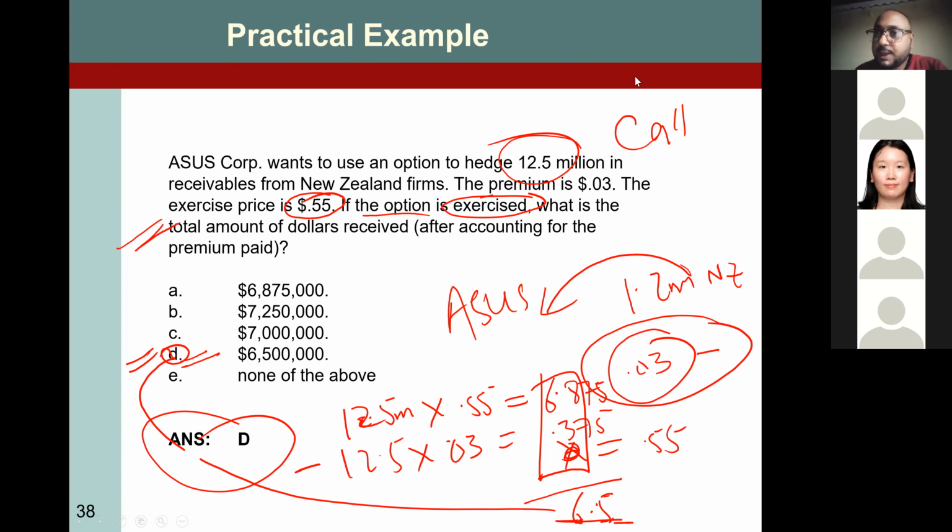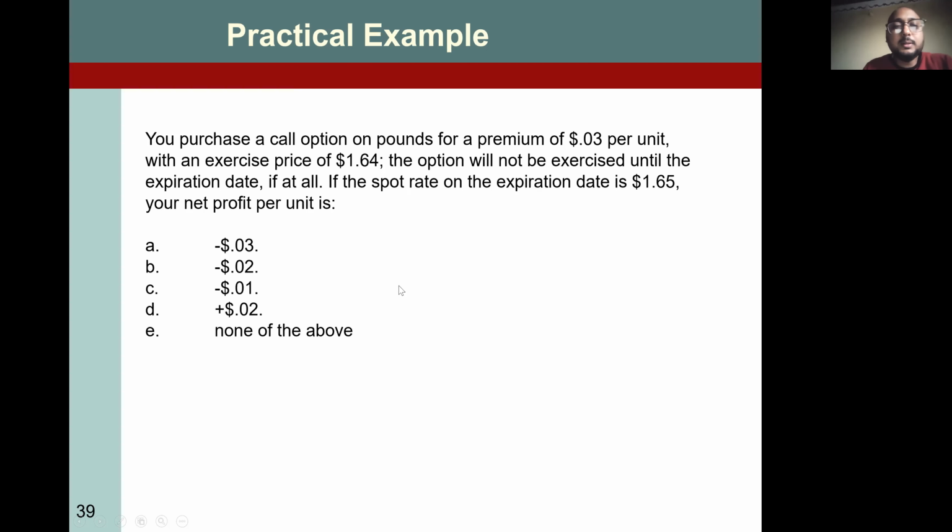Now I think this would be our last practical example. Let's just read it. You purchase a call option. Purchasing a call option means you will pay the premium. You purchase the call premium on pound 0.03 with exercise price 1.64.